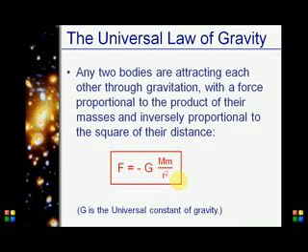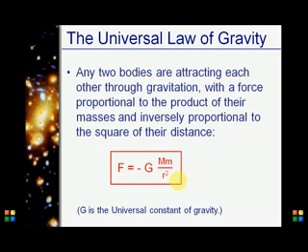So the Earth is attracting the Moon, and we will see why the Moon is revolving around the Earth, and the Earth is attracting us. But does the Earth attract us only?